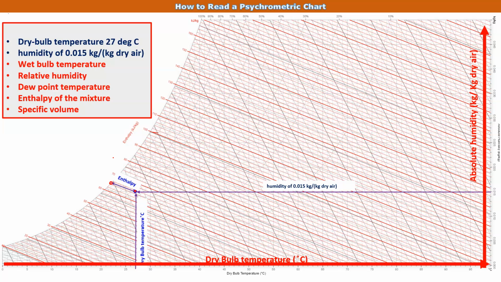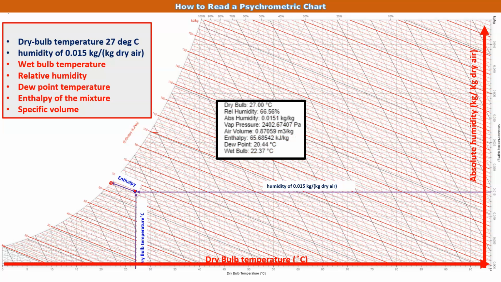So ultimately, for the given dry bulb temperature of 27 degrees centigrade and humidity 0.015 kg per kg dry air, the dry bulb temperature and absolute humidity are given.